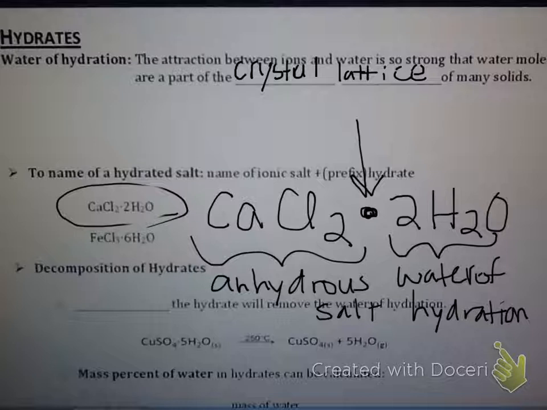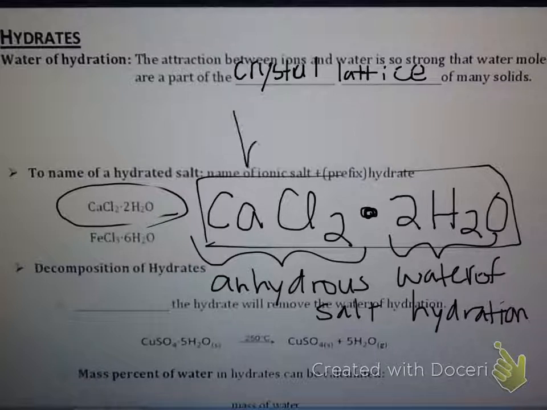It's a stoichiometric formula unit that's made. This entire thing, the anhydrous salt formula plus the water of hydration, the number of waters present per structural unit, that entire formula there is called the hydrate.